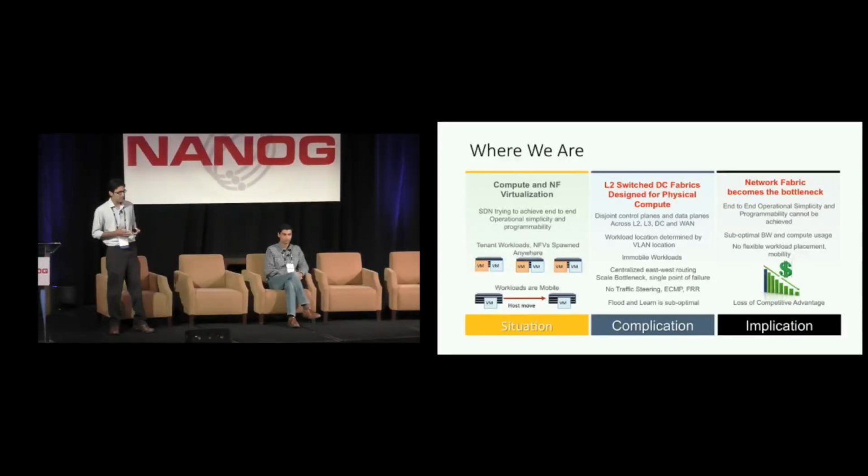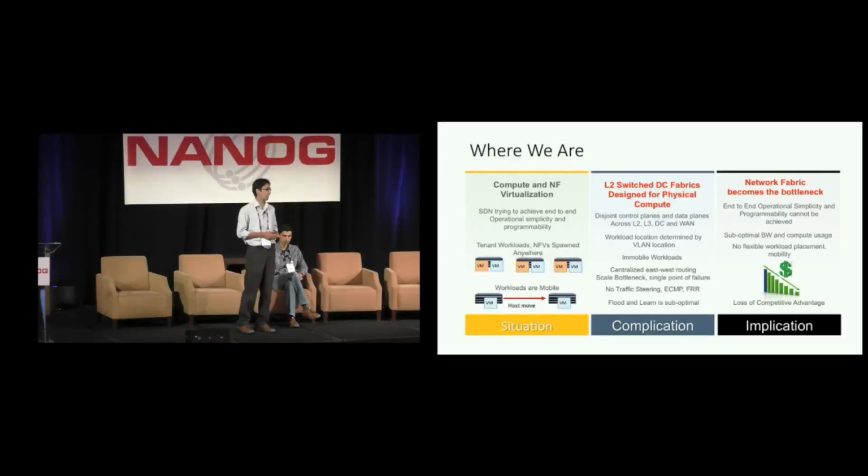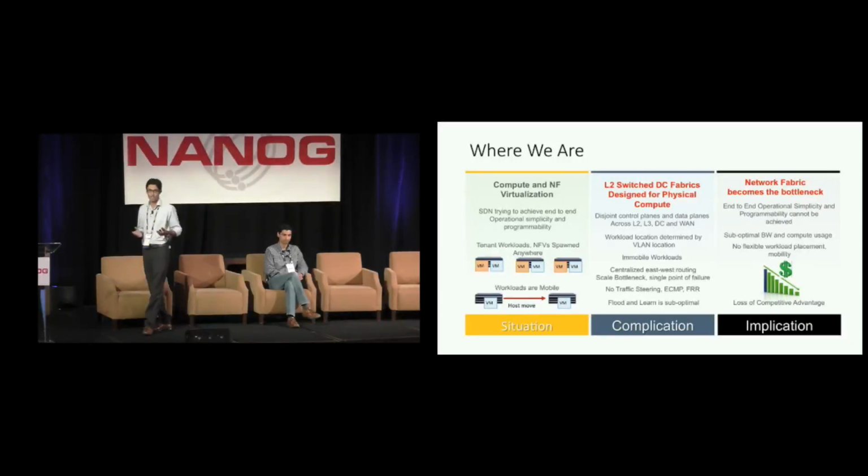So the implication is that with this set of complex technologies, which were initially designed for physical compute, it is extremely challenging to achieve operational simplicity across SP and data center, and you simply cannot spawn or move your workloads anywhere.